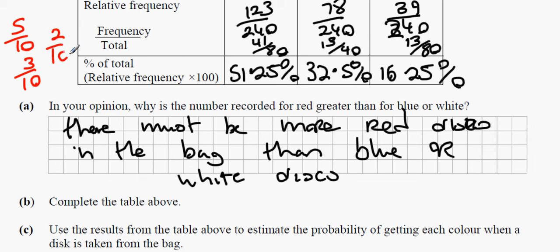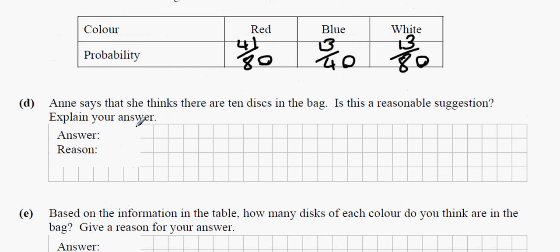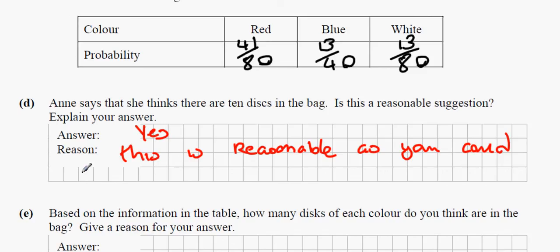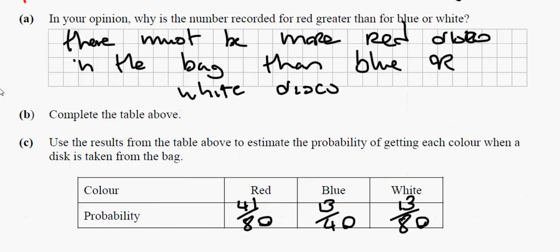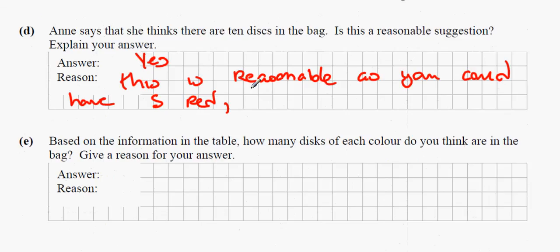And what you could say is, yes, this is reasonable, as you could have 5 red, 3 blue, and 2 white. This could give similar results.